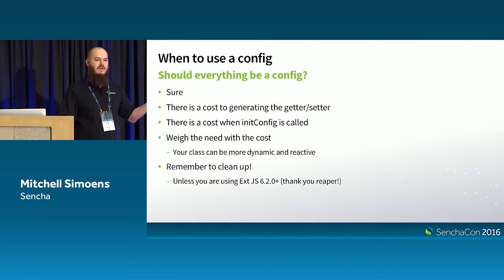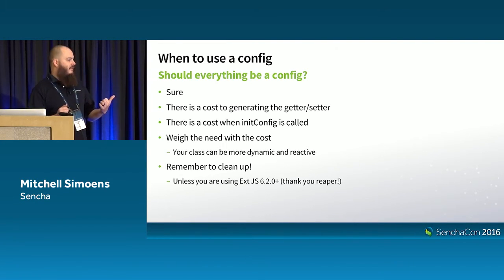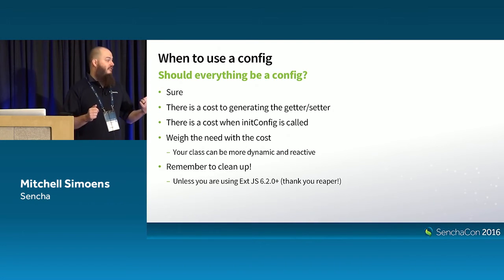Well, that can create a memory leak. Same thing with DOM nodes, anything really that's not just primitive, so objects, functions, stuff like that. If you're using anything prior to 6.2, you are in charge of cleaning that up. If the framework doesn't clean it up, like a custom config we're talking about here, it's really on you.